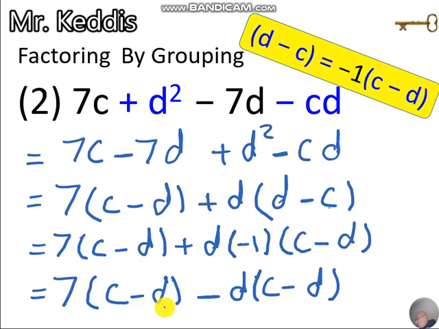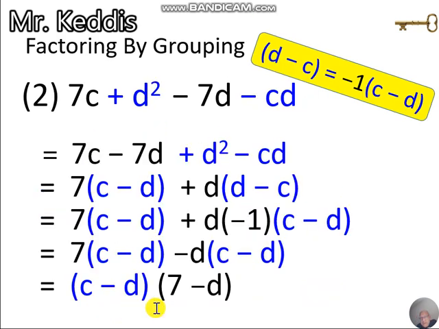I take c minus d as a common factor. I'm going to continue on the next slide. Multiplying c minus d by 7, I get the first term. If you multiply c minus d times negative d, I get the second term, which is this one.